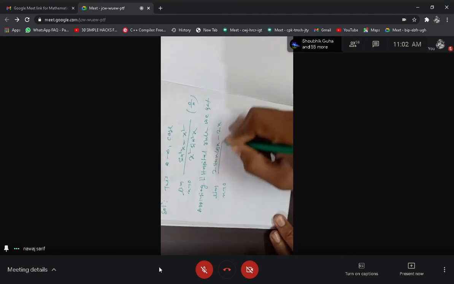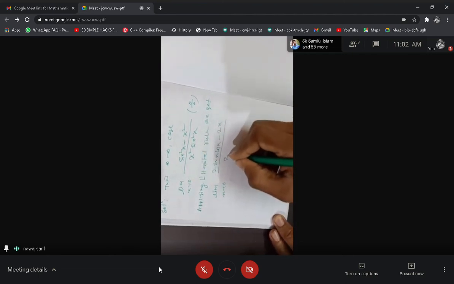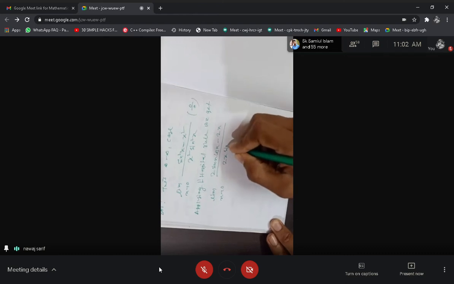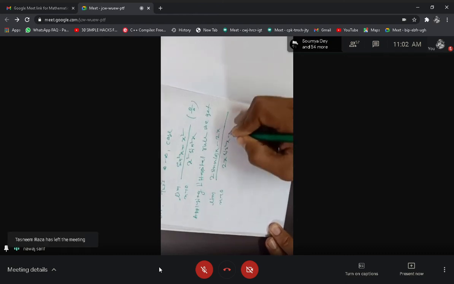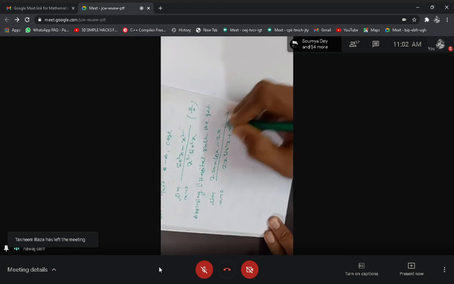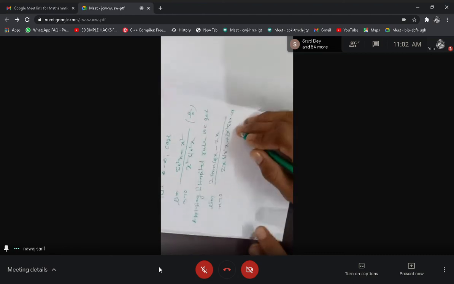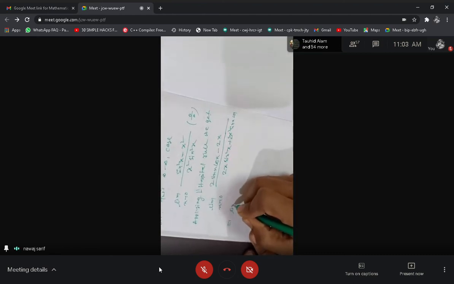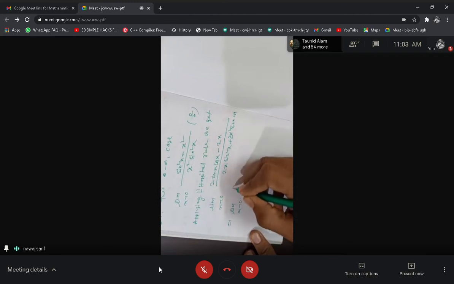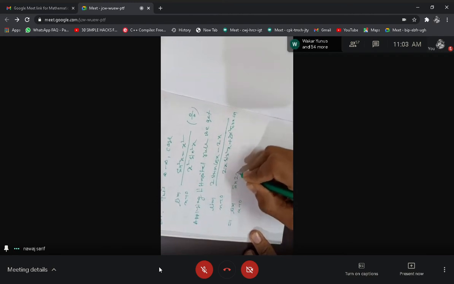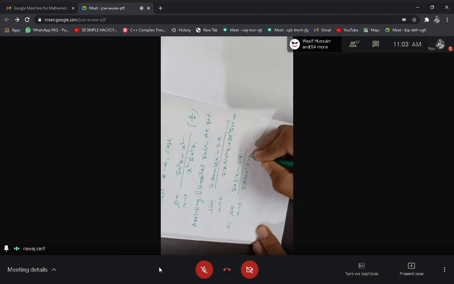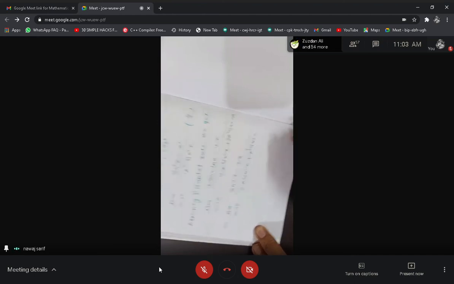And the denominator is 2x into sin square x plus x square into 2 sin x cos x. And this implies limit x tending to 0 of sin 2x minus 2x over 2x sin square x plus x square sin 2x.